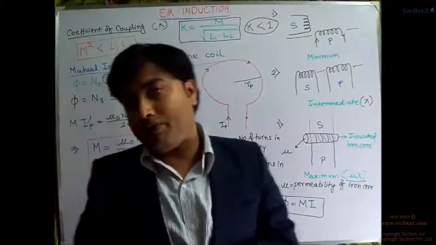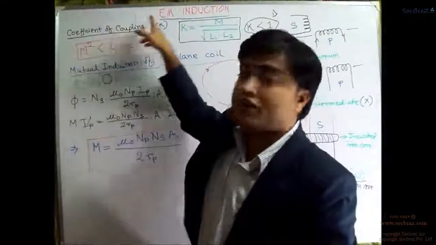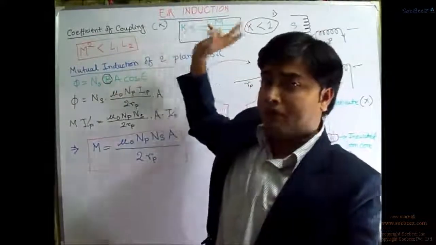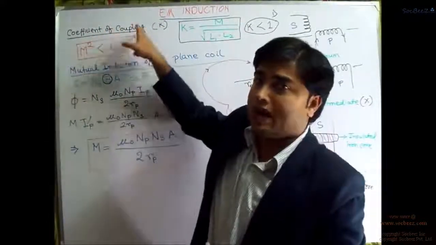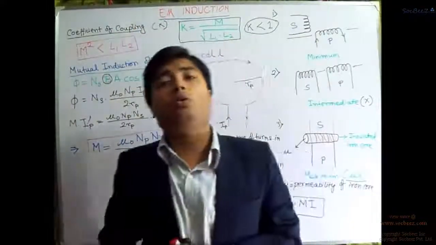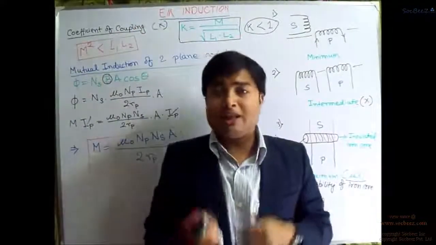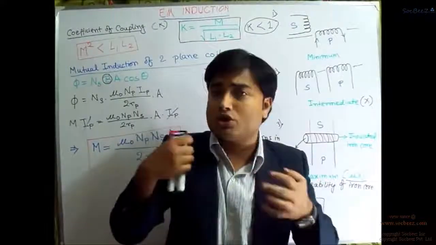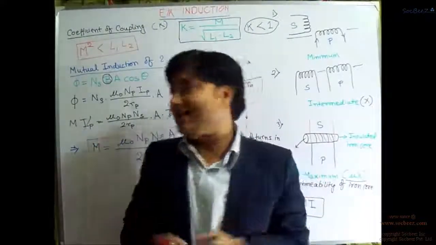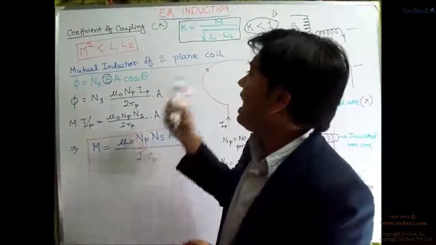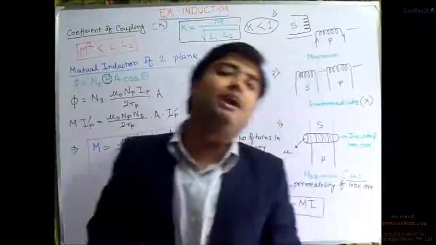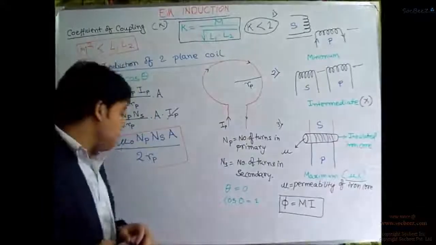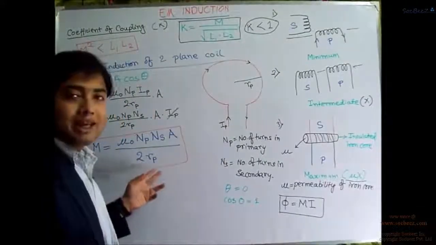Then we understood the coefficient of coupling K, and that M squared will always be lesser than L1 L2, which means that in due course of mutual induction, the self-induction process also takes place simultaneously. And after that, we took a look at the mutual induction of two plane coils, where the expression comes out to be like this.